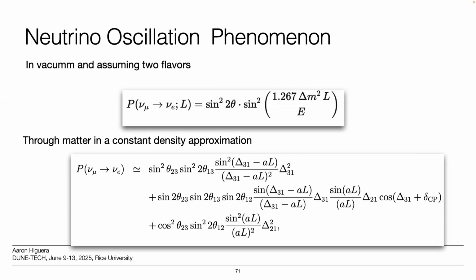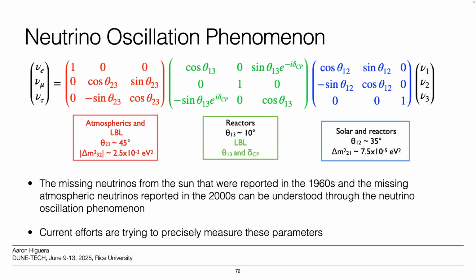When you're using 3 by 3 matrices, looking at the 3 flavors, and already this is an approximation. You can see that there is delta CP here, which is also an extra parameter, right? So in principle, you have 1, 2, 3, 4 free parameters that you have to find out. In order to do that, as I said, we break these matrices into 3 matrices, and we dedicate experiments to measure, for example, theta 2-3.